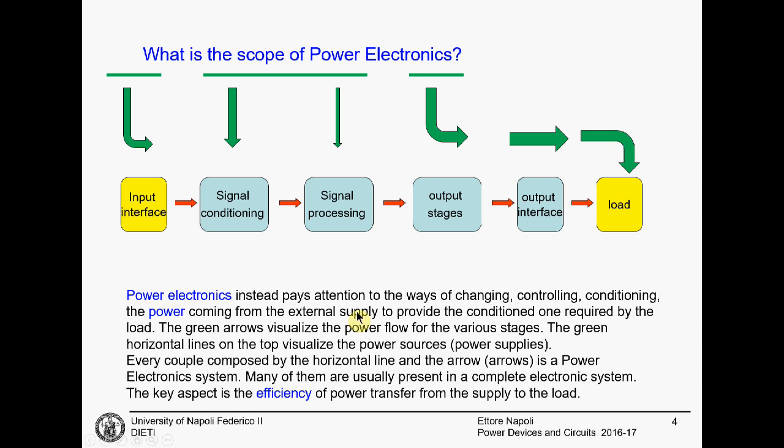The key aspect of this processing chain with the energy that is provided by the sources is the efficiency. You not only want a particular voltage, a particular amount of current, but you also want to provide this current and this voltage without wasting a lot of energy. No one wants a circuit that, in order to provide 10 watts to the load, dissipates 20 watts.